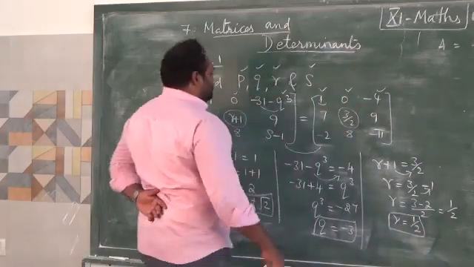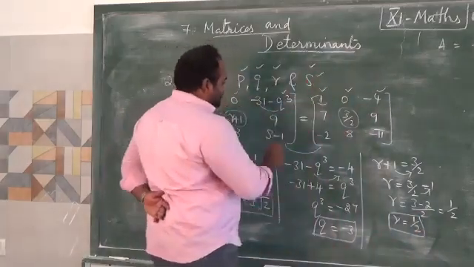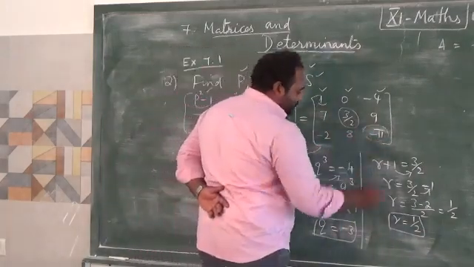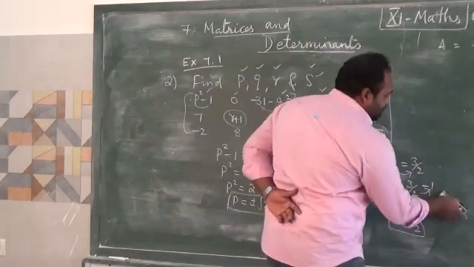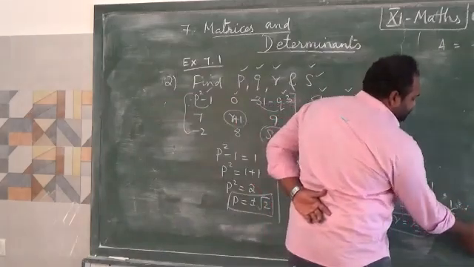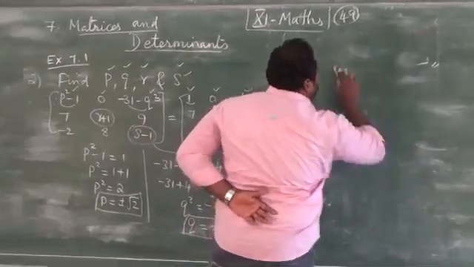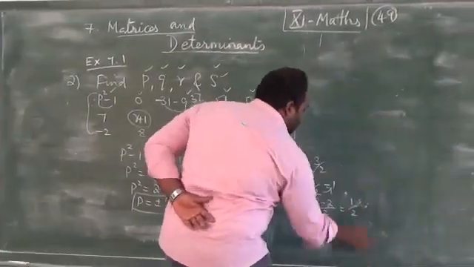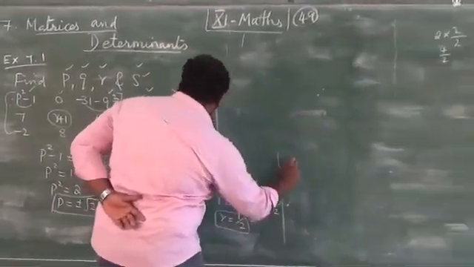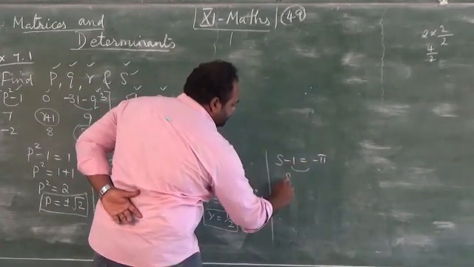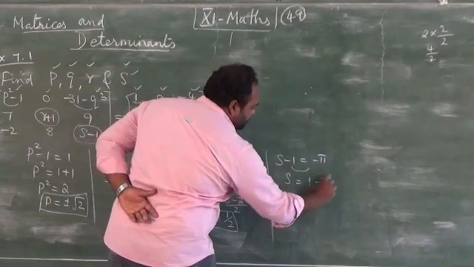Next, they ask us to find S. Where is S? This element, and equate it with this element. So S minus 1 equals minus pi. Carry it to this side, S equals 1 minus pi.